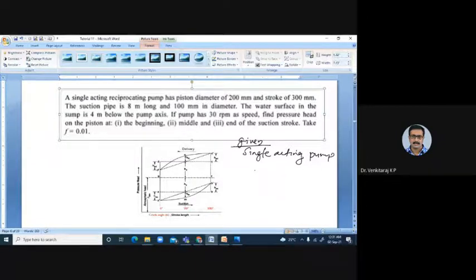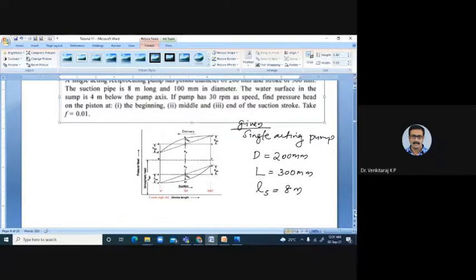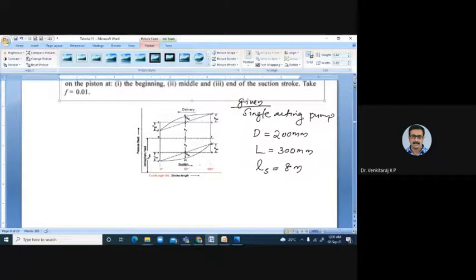Then the piston diameter is 200 millimeter, stroke length 300 millimeter. Suction pipe is 8 meter long. That means LS, the length of the suction pipe, is 8 meter. Then the diameter of the suction pipe, DS, is 100 millimeter.